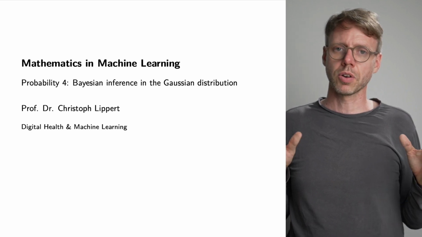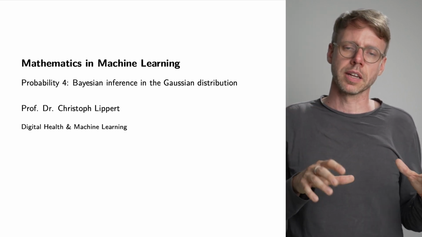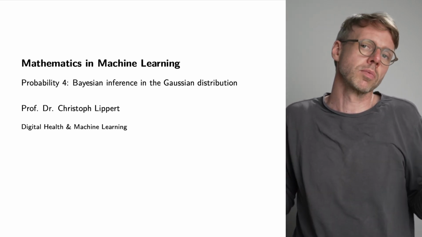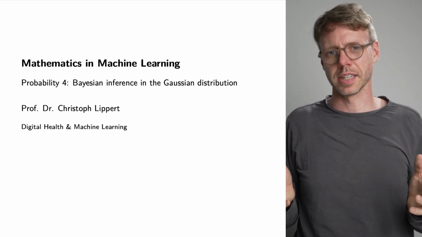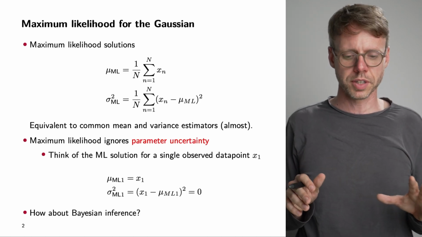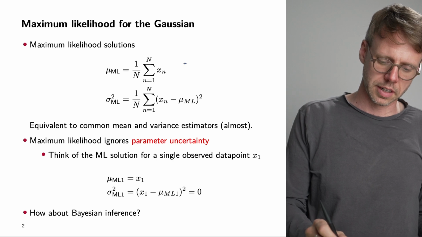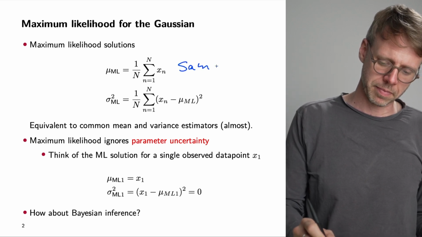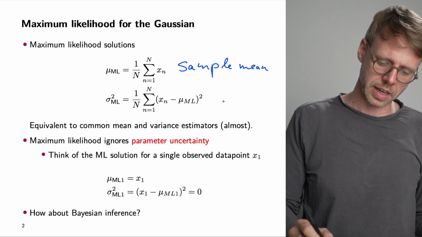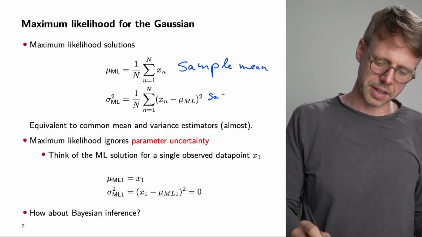Today, we will look at a Bayesian way to find model parameters. And again, we'll use the normal distribution as an example. So the maximum likelihood estimates of the normal distribution are the sample mean and the sample variance.